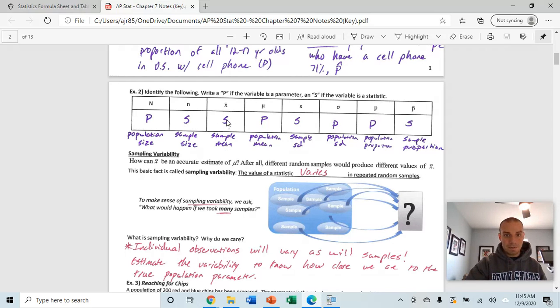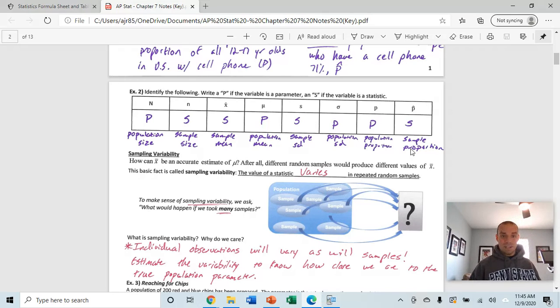X bar is the sample mean, a statistic. Mu is the population mean, a parameter. s is your sample standard deviation, a statistic. Lowercase sigma, population standard deviation, is a parameter. And then finally, P is the population proportion, so that's a parameter, and P hat is the sample proportion, which is a statistic. So make sure you're clear on the notation here.